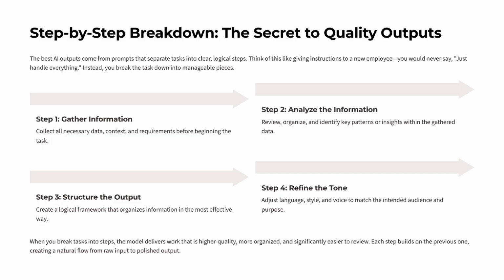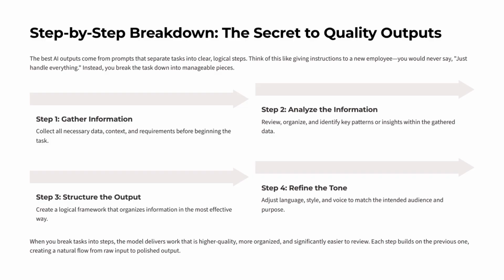This slide demonstrates how breaking tasks into steps dramatically improves output quality. Just like giving instructions to a new employee, you would never say, "handle everything." Instead, you break the task down into manageable actions. The example outlines 4 clear steps. Step 1, gather information.